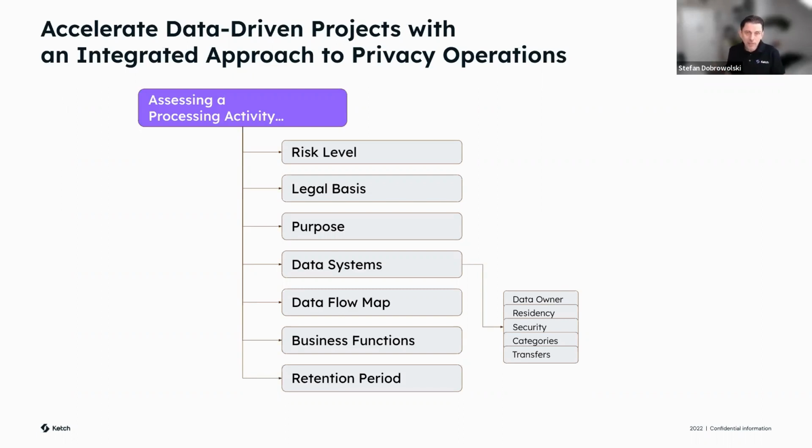Each of these aspects is critical to assessing a new processing activity. It might kick off a third-party risk assessment, a legitimate interest assessment, a transfer impact assessment, etc.